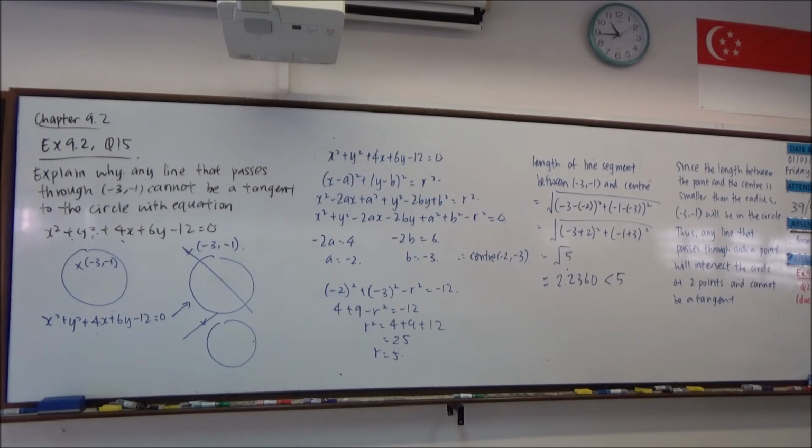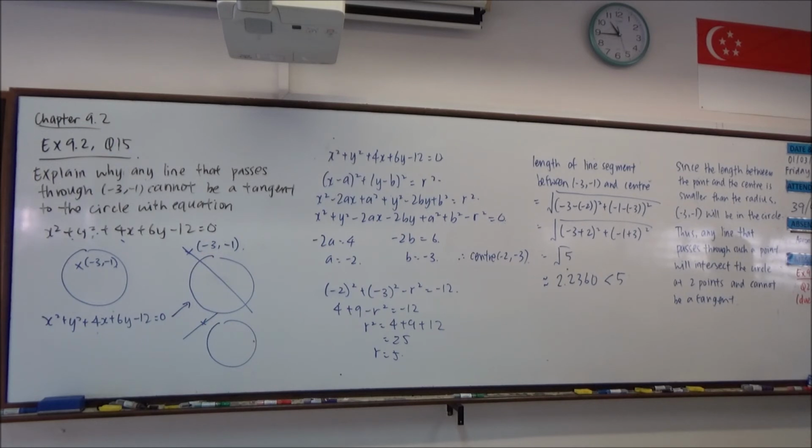But regardless of the case, whether it's inside or outside, if we see that this point is actually inside the circle, surely any line will end up intersecting the circle at 2 points.